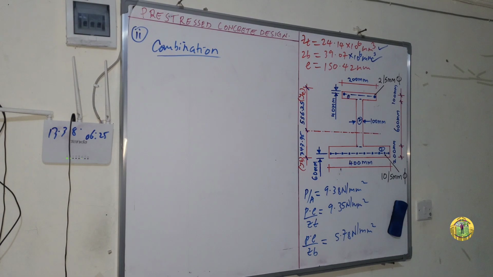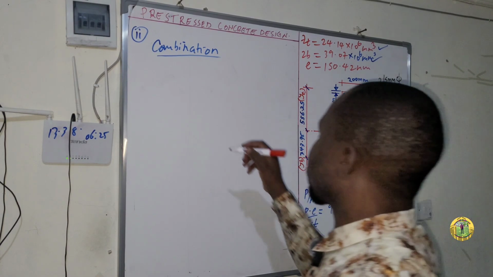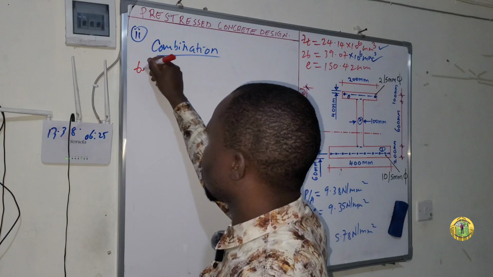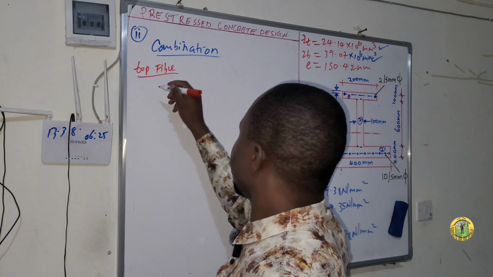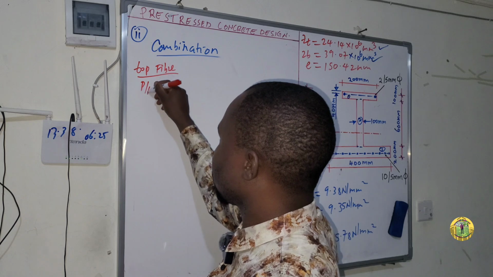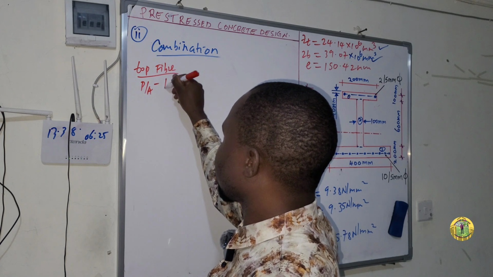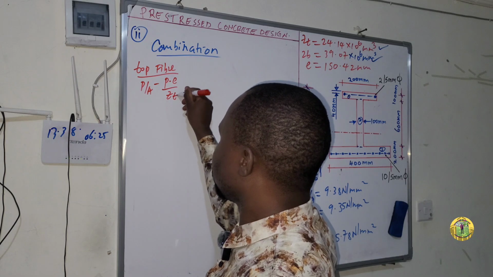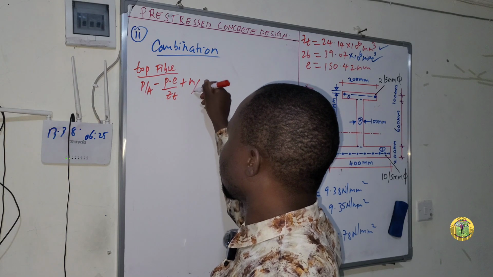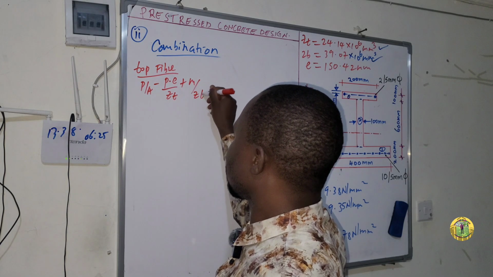So we'll do the combination for the top fiber. So for the top fiber, we'll begin by P over A minus P E over Z top plus M over Z top.